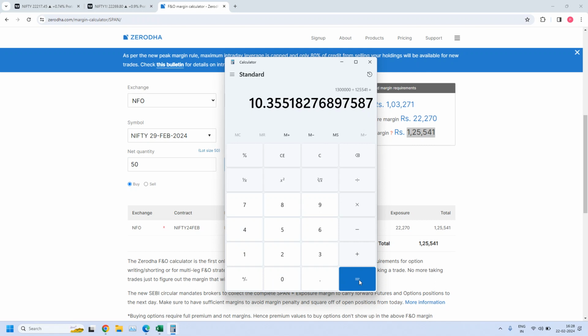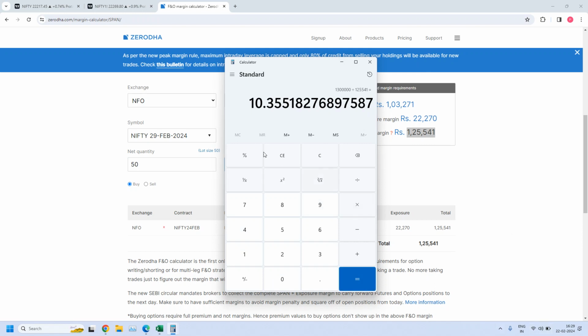You got around a 10% ROI. Your investment is around 1,25,541, and you got a profit of 13,000, which is equivalent to 10.35. That means close to 10.4% ROI you got. It is an excellent rate today.